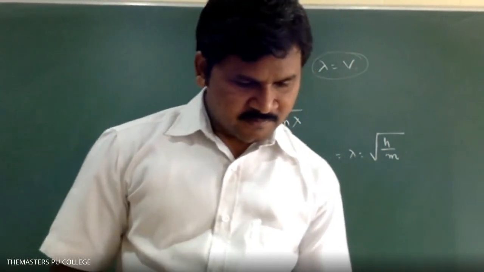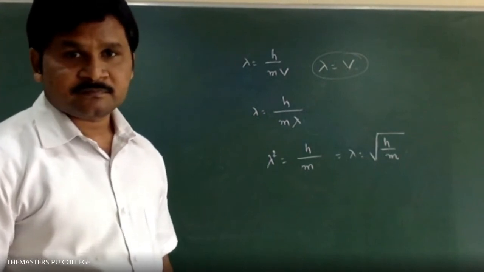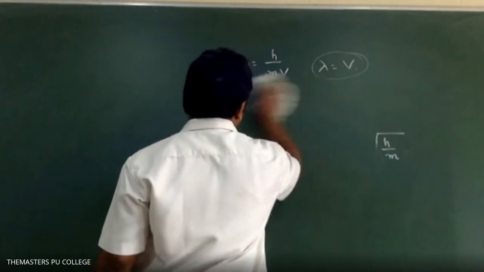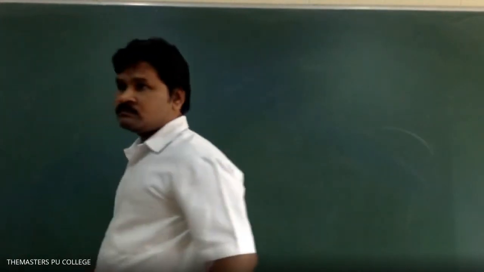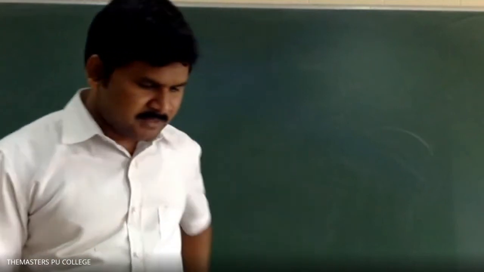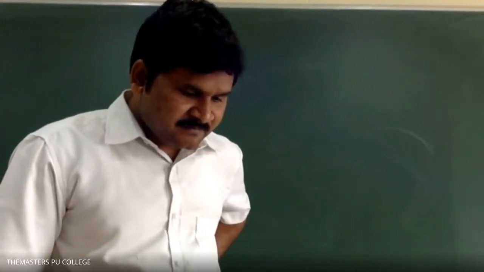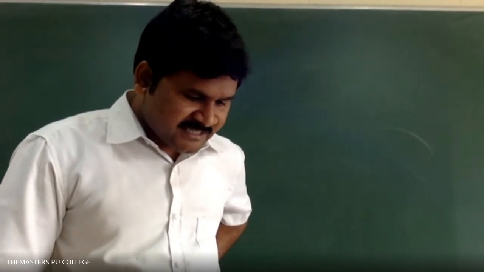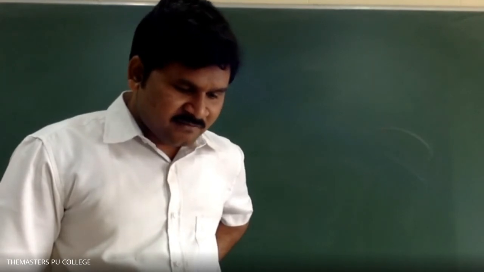Next, question number 100. Please remember, ma? The mass of an electron is m, its charge is e, and it accelerates from rest through a potential difference V. The velocity of the electron will be calculated by the formula.